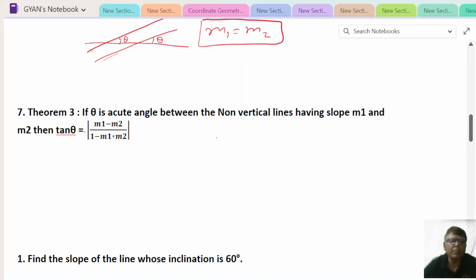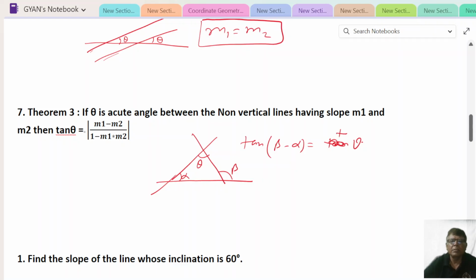If theta is the acute angle between two lines, suppose this is theta, this is alpha, this is beta, then beta minus alpha is equal to theta. So tan (beta minus alpha) is equal to tan theta. So (tan beta minus tan alpha) divided by (1 plus tan alpha into tan beta) is equal to tan theta.